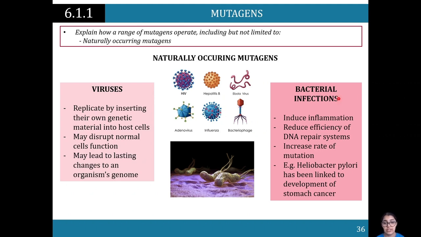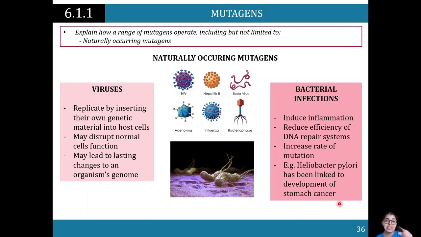And bacterial infections induce inflammation, and that reduces the efficiency of our DNA repair systems. It also leads to an increase in mutations. A good example of this is Helicobacter pylori, a bacteria that has been linked to the development of stomach cancer.